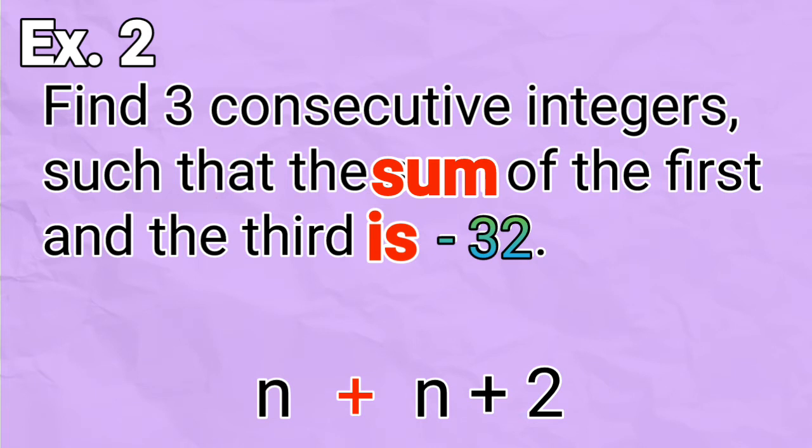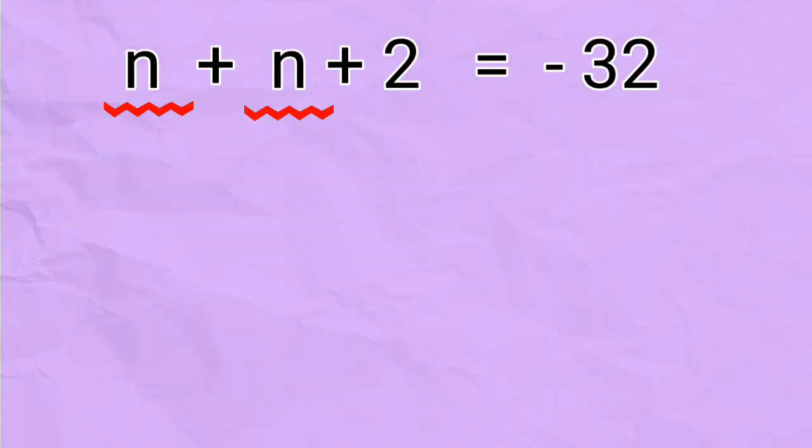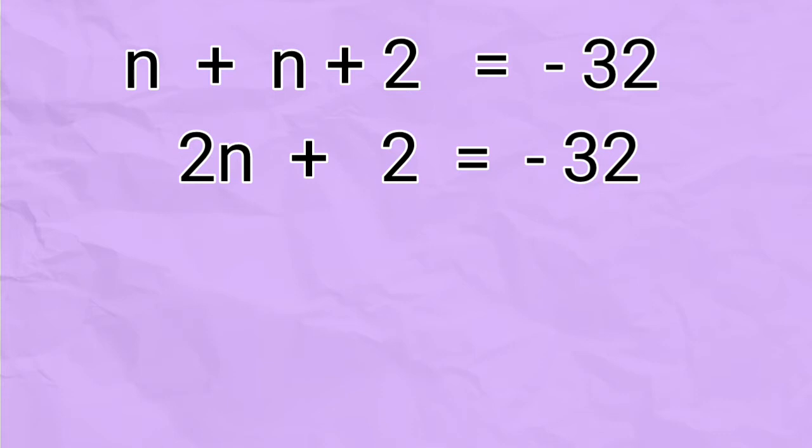So I'm going to write the complete equation. N plus n plus 2 equals -32. Now we have to solve for n. So we'll collect like terms. N plus n is 2n. So that gives us 2n plus 2 equals -32.